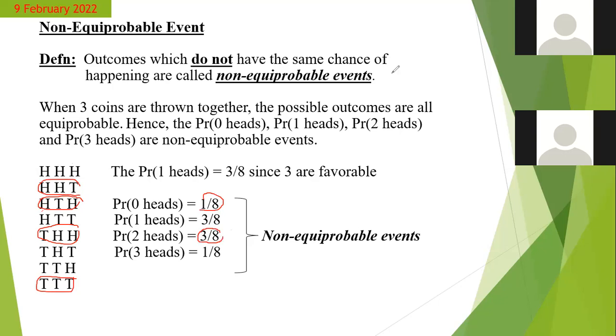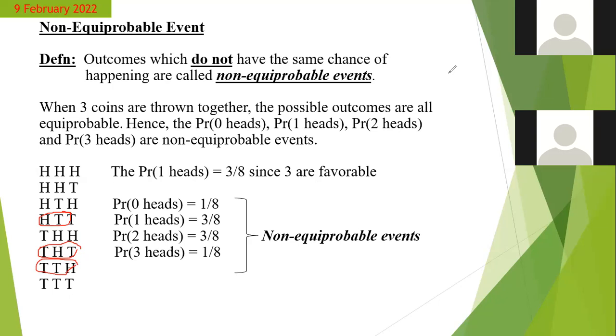And the probability of getting 1 head. This one gives you 1 head. This one gives you 1 head. And this one gives you 1 head. So of all the outcomes, you only have 3 ways that you can get 1 head.